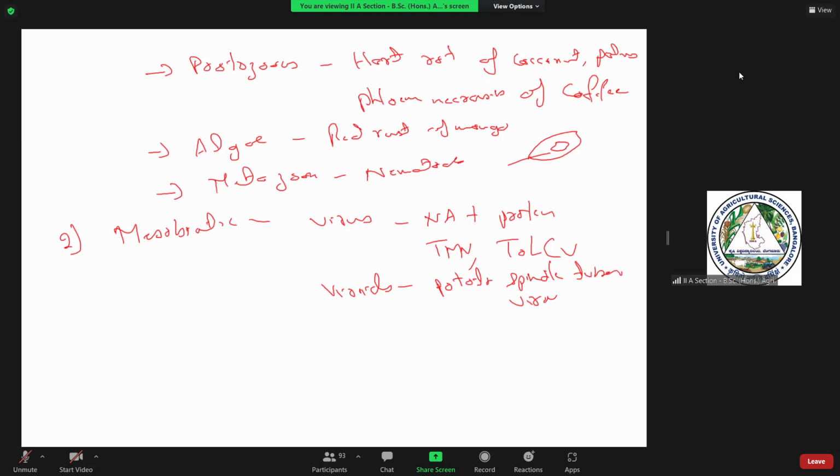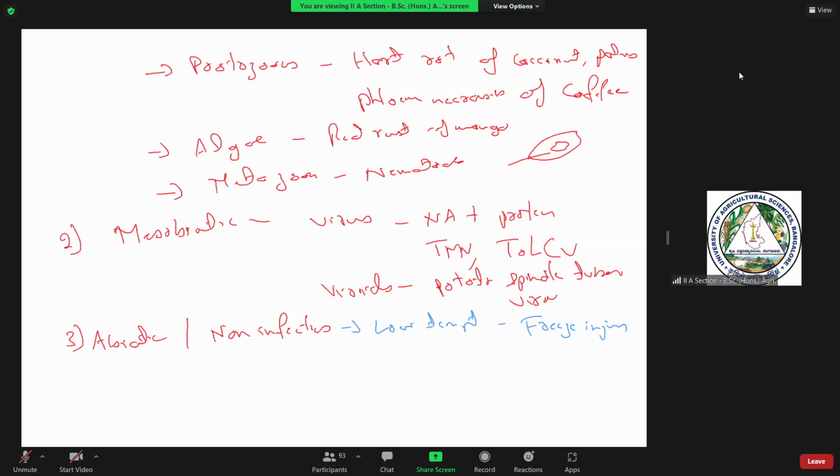Coming to the third grouping, which we call abiotic causes, or often non-infectious, because these are not biologically active. For example, low temperature, such as freeze injuries, especially in the temperate region.